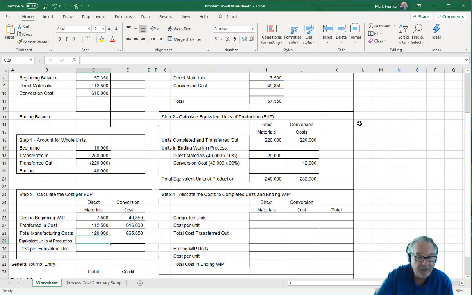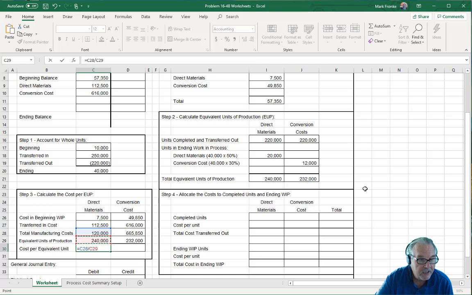If I now bring over and link to my equivalent units calculation, which is the 240,000 for materials and the 232,000 units in conversion cost, I can get a cost per equivalent unit by merely dividing the cost by the number of units.